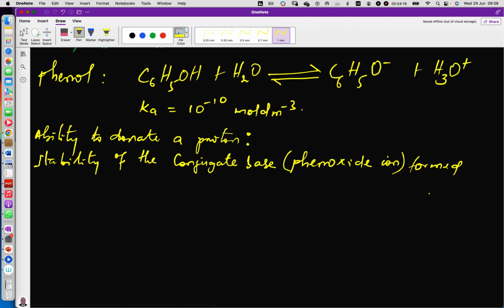Why is it that ethanoic acid is more acidic than the other organic acids that we just mentioned? Ethanoic acid, that is CH3COOH.